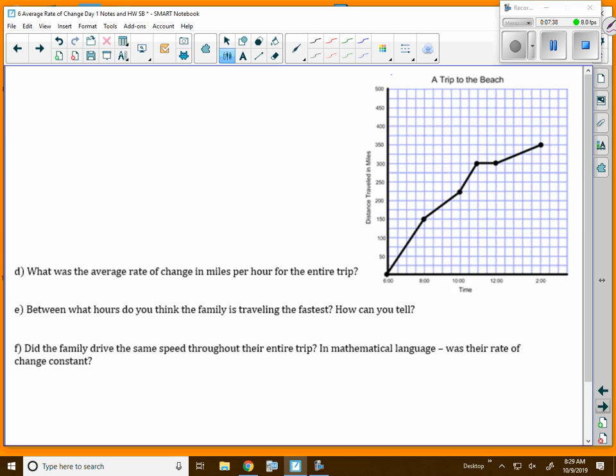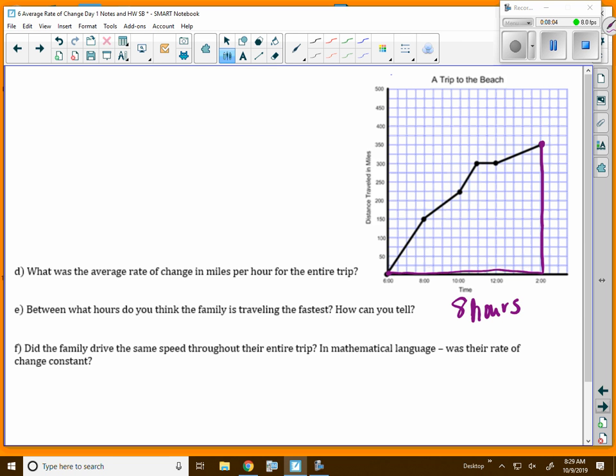So we're going to choose this point and do our rise over our run. Could you do this using slope formula? Yes, you could. All right, so we have 2, 4, 6, a total of 8 hours for their trip.